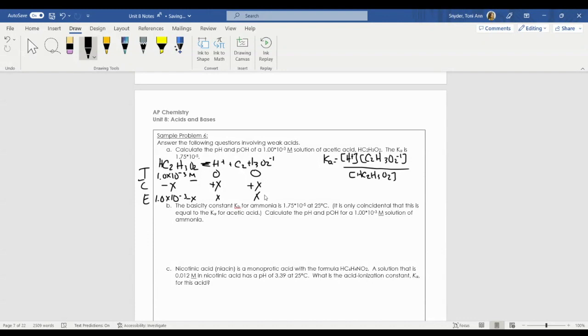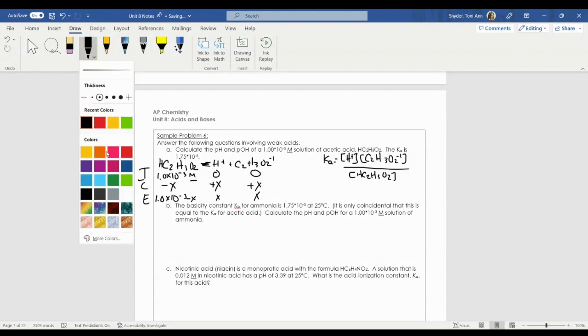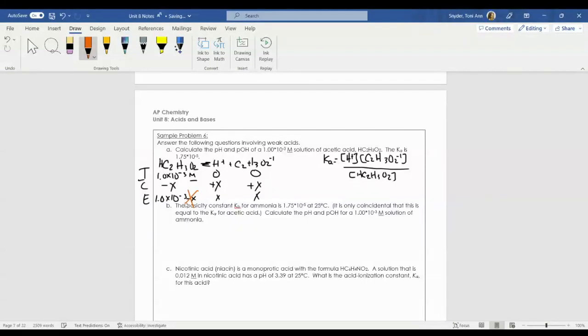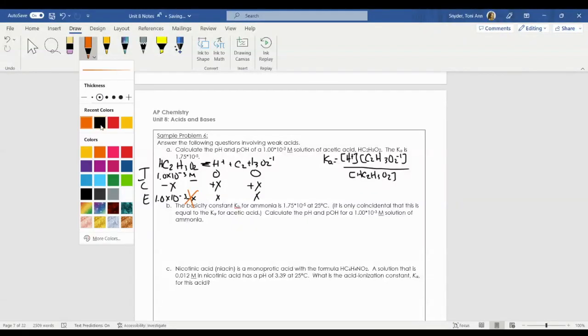And since I'm given that value for Ka, I could set this whole thing equal to 1.75 times 10 to the negative fifth. Because this value for K is so low, just like last time when we looked at equilibrium, I again can neglect that x. Makes the math quite a bit easier. So let's plug in all these numbers and find out what the pH is.